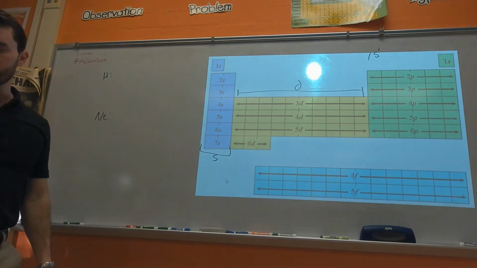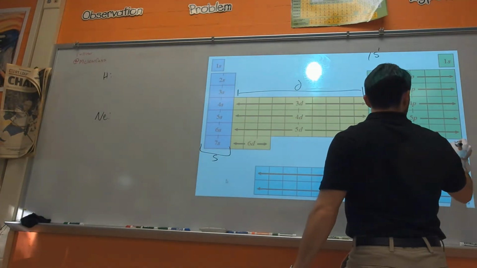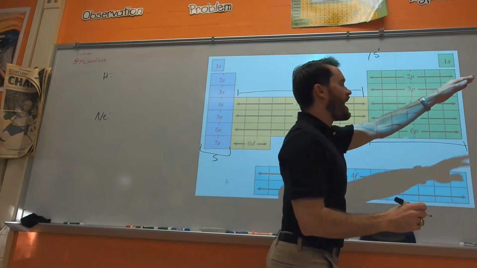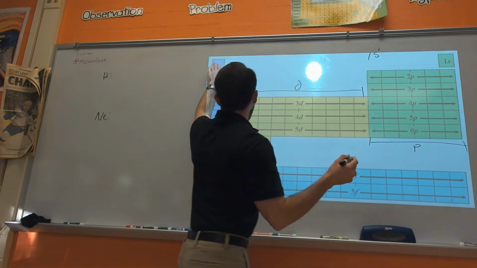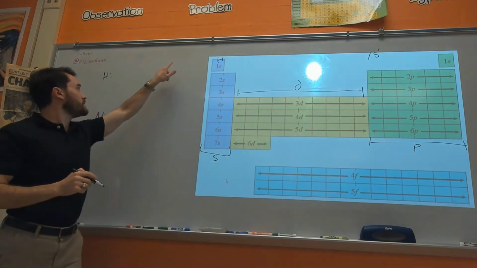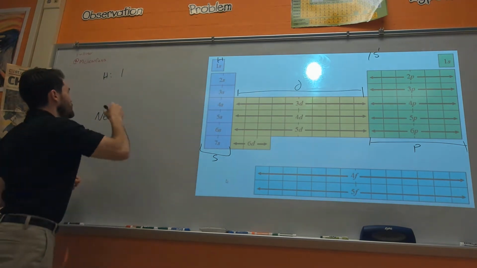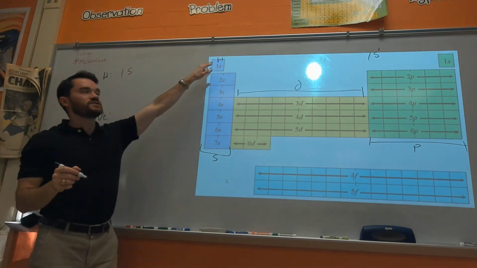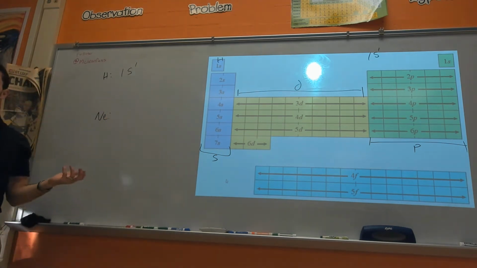And then the p block is everything after the transition elements. So hydrogen is right here. It is in the first group, so 1. It is in the s block, so s, and it's the first position in the s block, so 1s1.